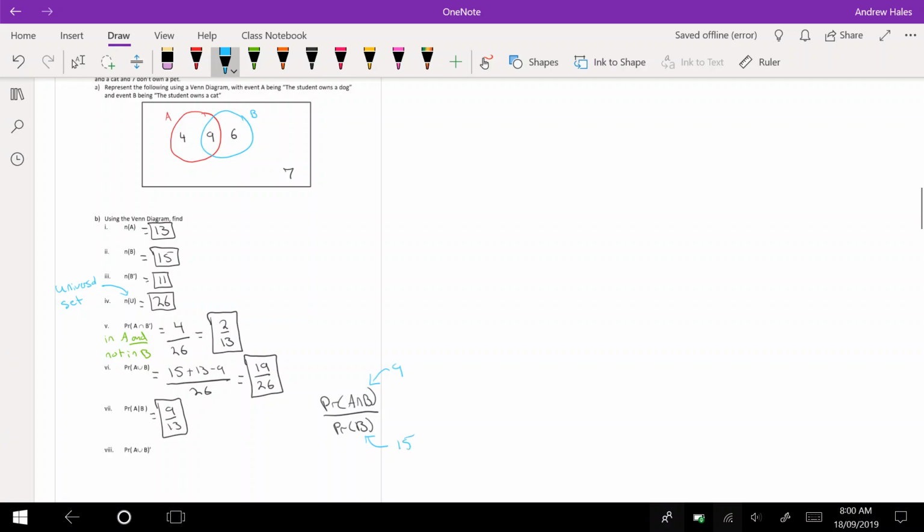Sorry. So this shouldn't be 13, it should be 15. That's my fault. 9 out of 15, and that's not the final answer, because you can simplify it. So 9 out of 15, which equals 3 out of 5.